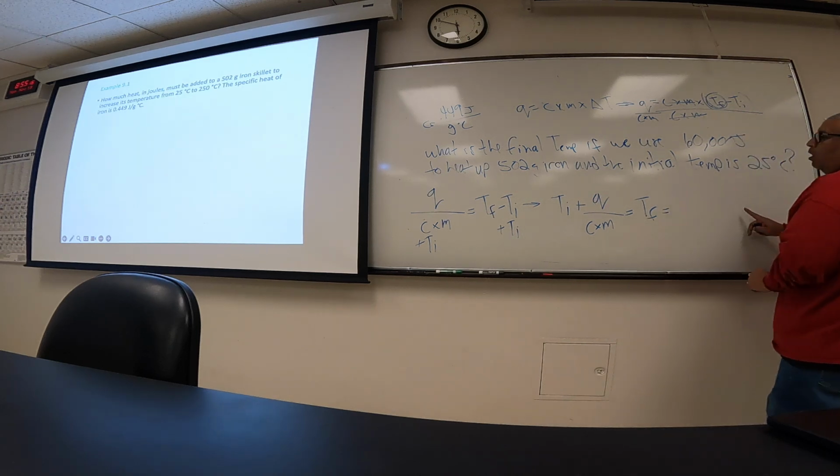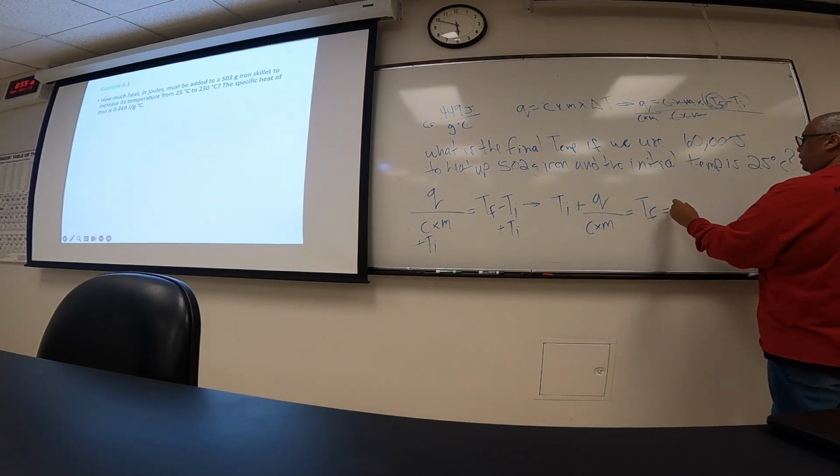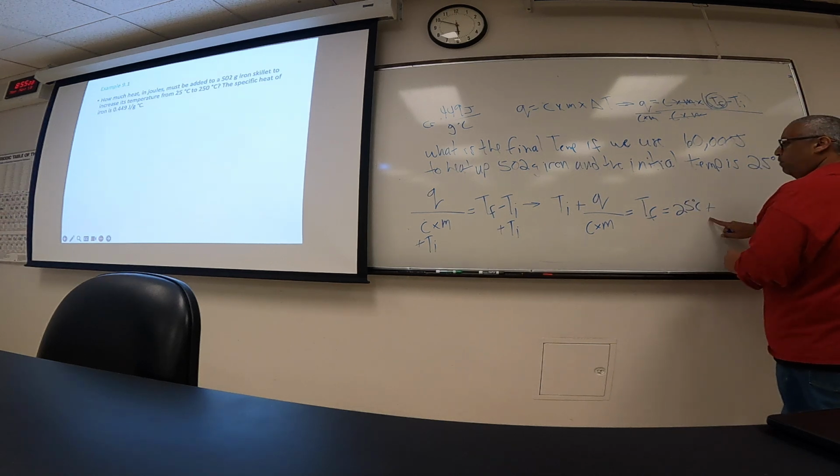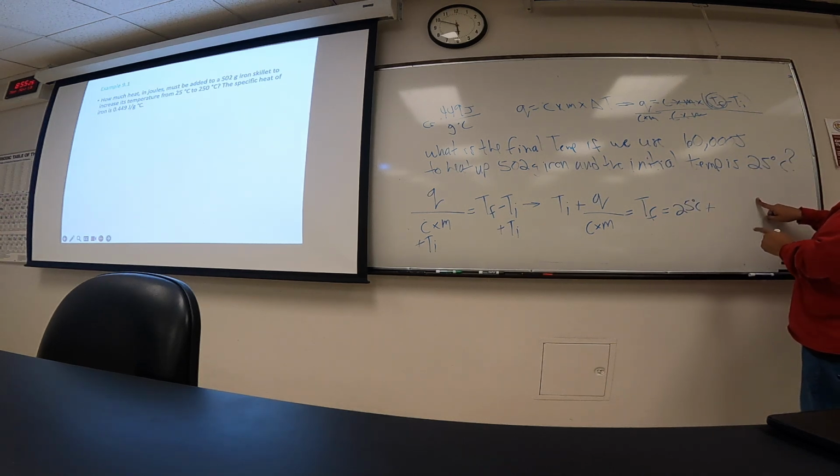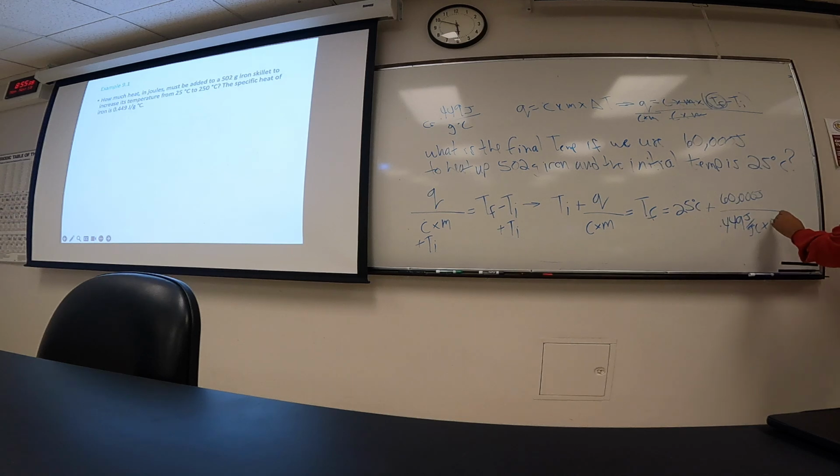So let's go ahead and solve this. Our initial temperature is 25 degrees Celsius, plus the amount of heat we're using, 60,000 joules, over the specific heat, 0.449 joules per gram degree Celsius, and the mass is still 502 grams. So what is this final temperature?